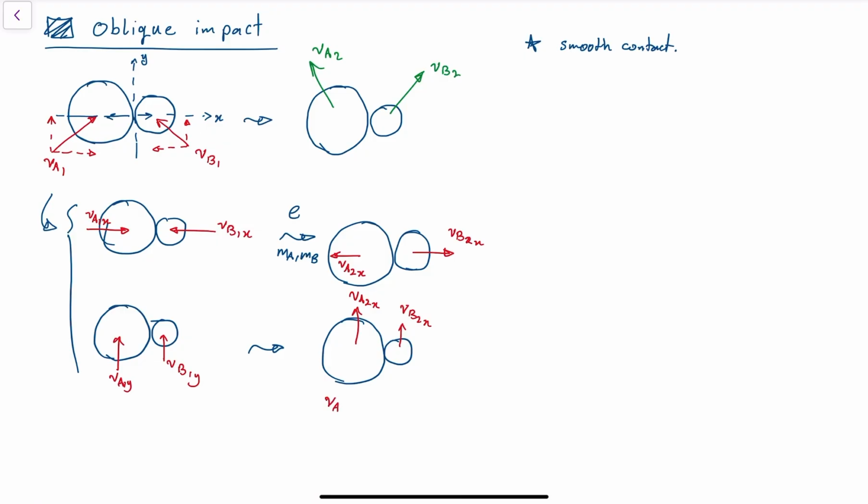So VA2y equals VA1y, and VB2y equals VB1y. All of these are y, so why do I write x?